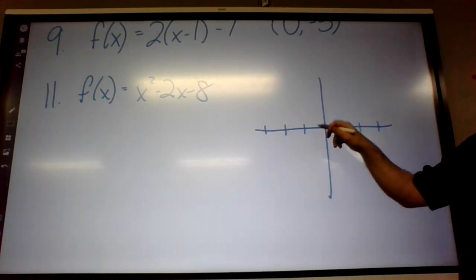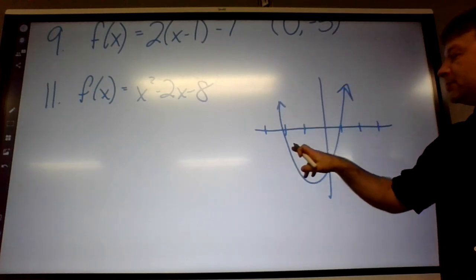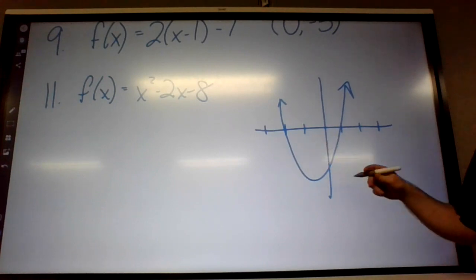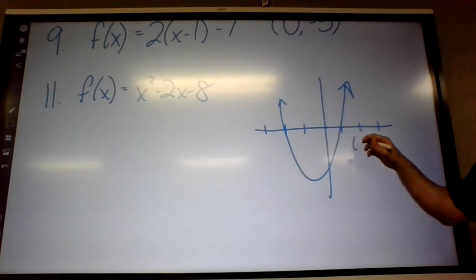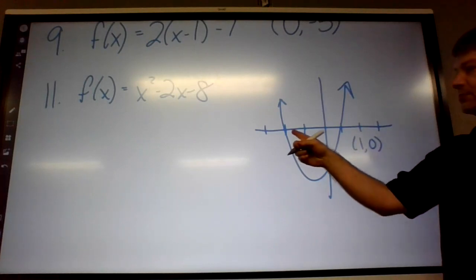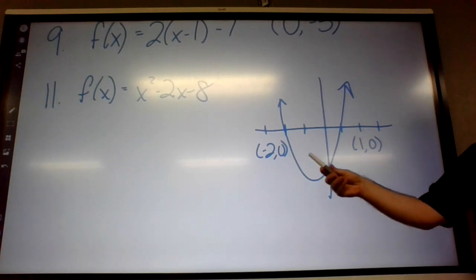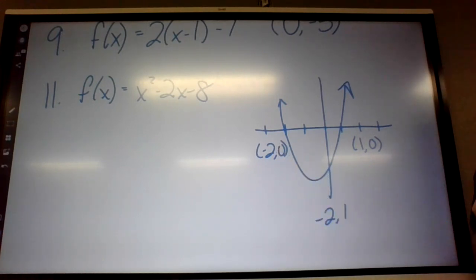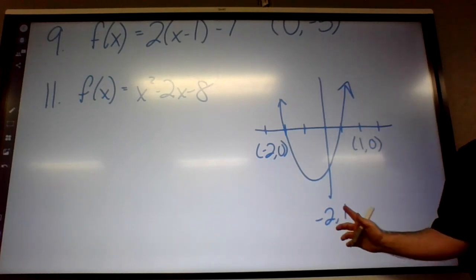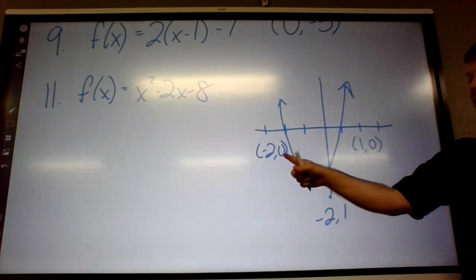Okay, let's say I had this parabola going through there and there. So the x-intercepts are (1, 0) and (-2, 0). -2 and 1 would also be called the zeros of the function, because when you plug -2 or 1 into the function, it should give you 0.